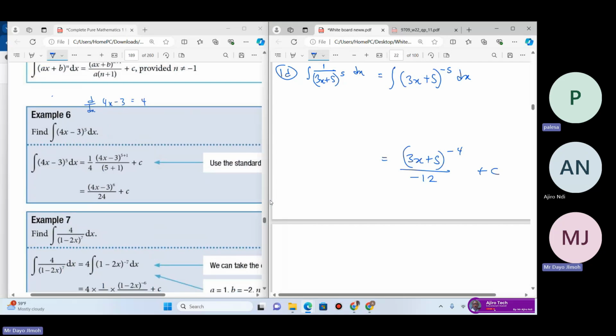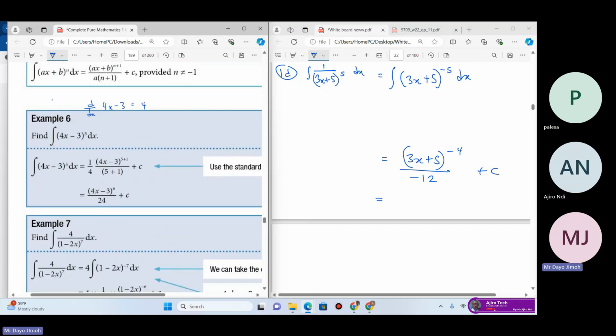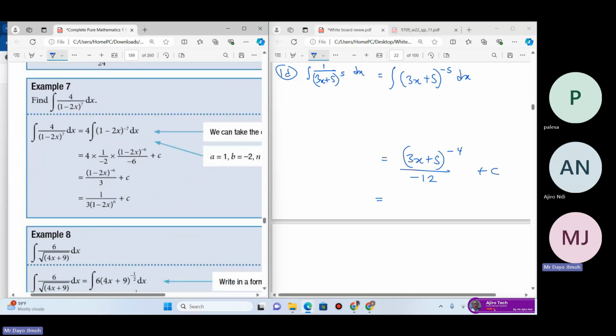Yes. So is there something else we can do here? Like in this case, when it was in fraction form, they took it back down, right? Look at this example 7. Can you see example 7? After taking it up, solving it, they brought it back down. So how will you do that here?